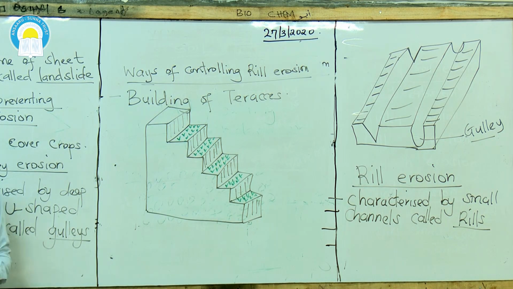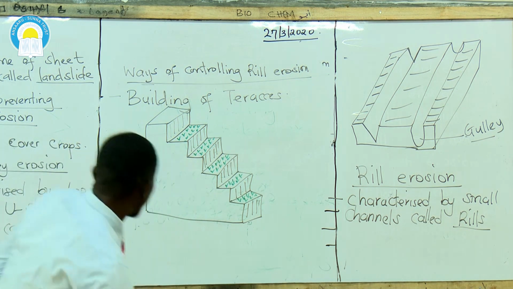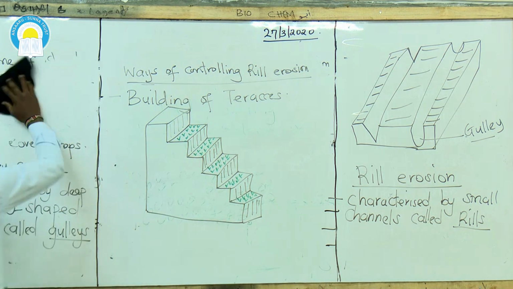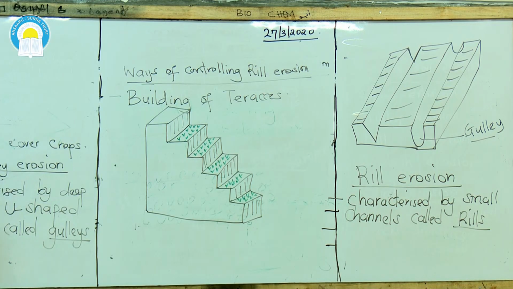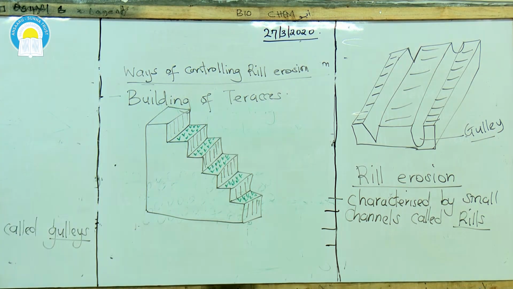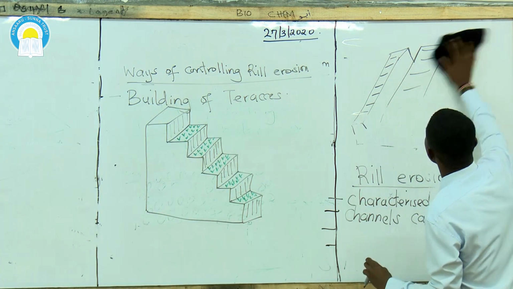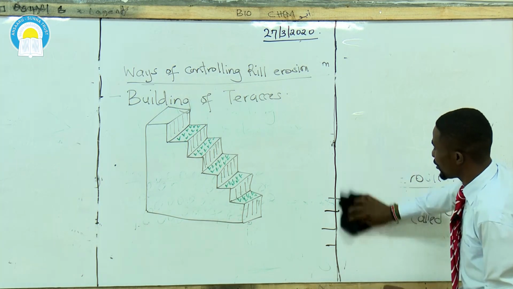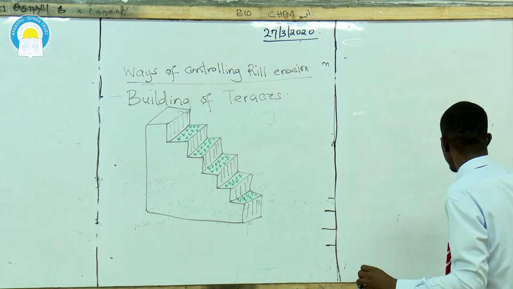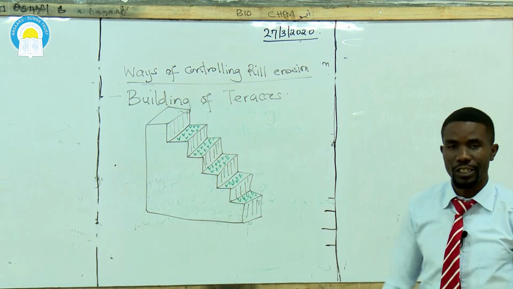Let me show you the rill erosion in diagram, how it looks like. When you see it somewhere, you can identify that this is rill erosion. Even in examination, they can help us to identify the type of soil erosion, and also tell us how that type of soil erosion is controlled.